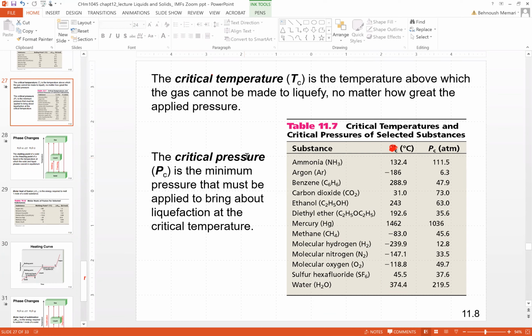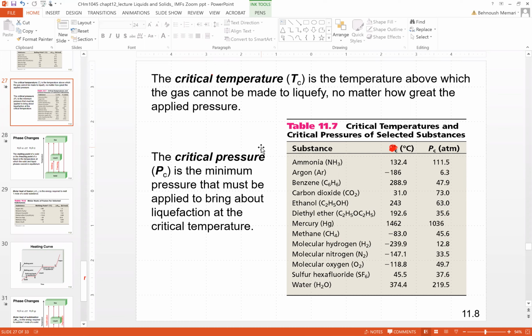So critical pressure is the pressure at the critical temperature, basically. It's the minimum pressure that must be applied to change to liquid. So when the critical temperature is a very high temperature, it requires a very high pressure to bring it down.